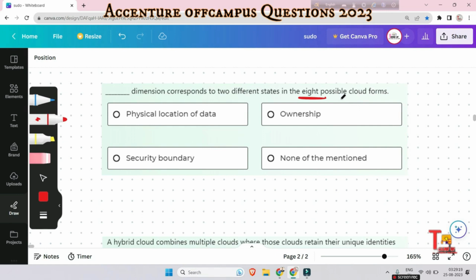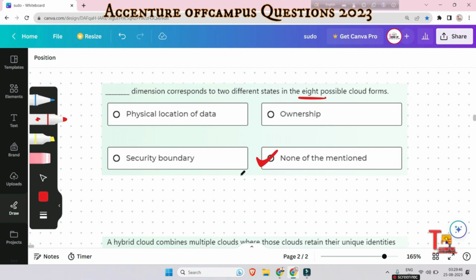There are 8 forms of cloud. Among them, what is the dimension that corresponds to two different states? In the options above, there is no option that suits this. Actually, the answer will be the sourcing dimension.